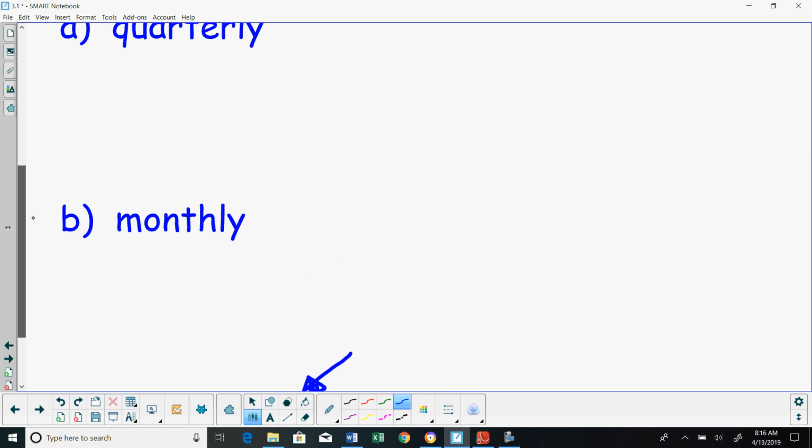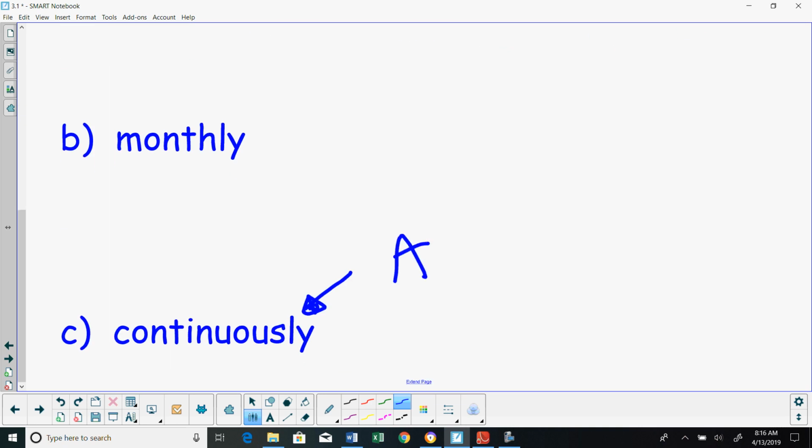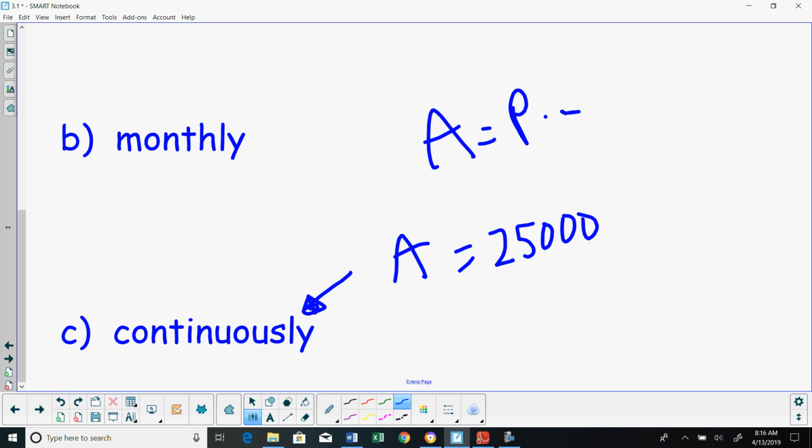So this was continuously compounded, and it was $25,000 invested, so we want $25,000. By the way, for compound continuously, we need to use this PERT formula, as I will call it. So we want 25,000 times e raised to the rate, which was 0.0825, and then it was 26 years.